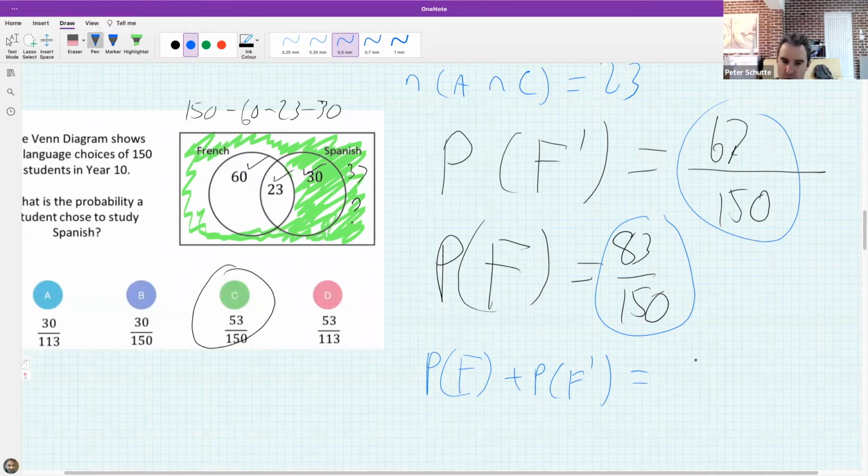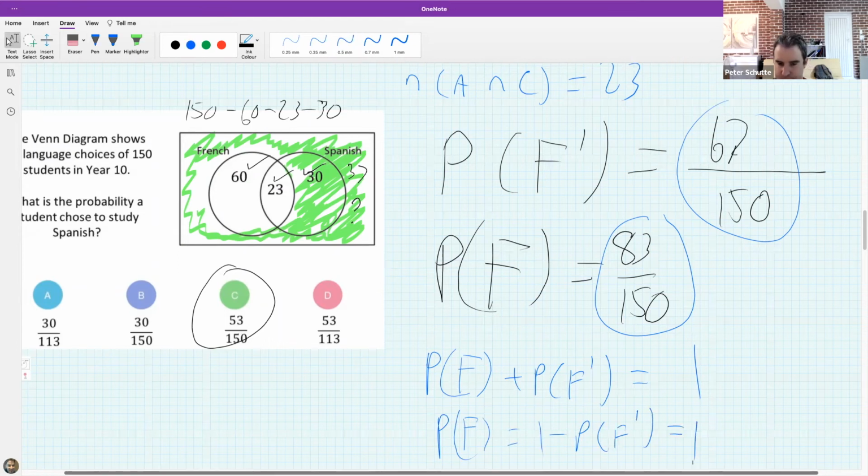They equal 1. And that's the complementary event identity. Sometimes we write it with the 1 minus on the one side, but you can see that that identity will always be true in general.